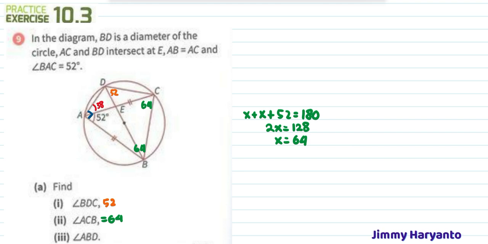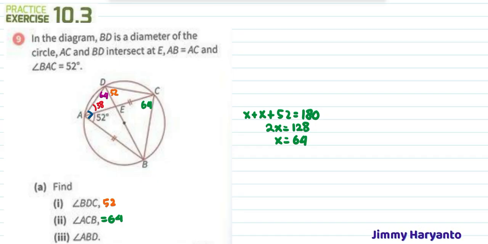The question wants you to find ABD. The last one is ABD. Okay, let's see. Take a look at this one. This is the circumference angle facing AB, and this one is also the circumference angle facing AB. That means the angle will be the same. So this one is 64.